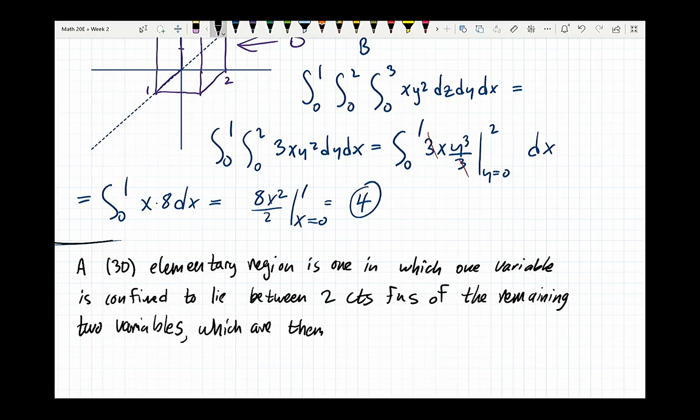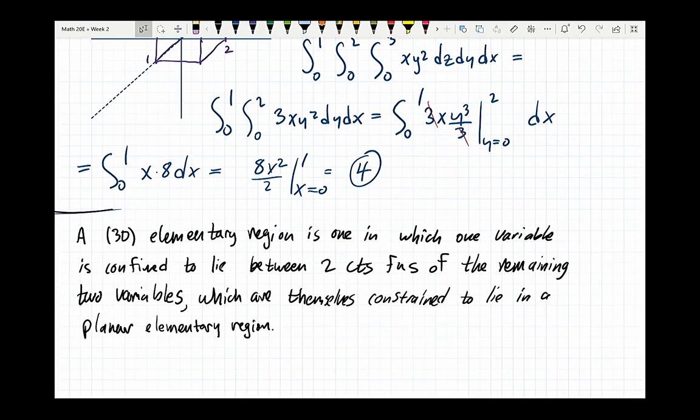The remaining two variables themselves are constrained to lie in a planar elementary region. A planar region is a region in the plane.